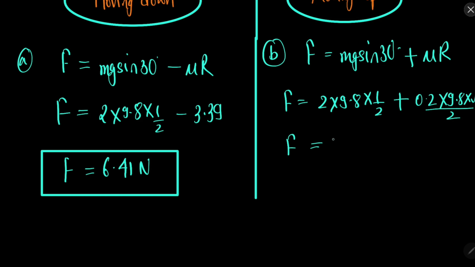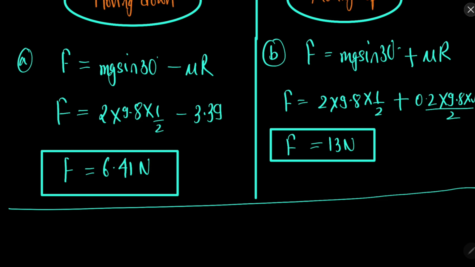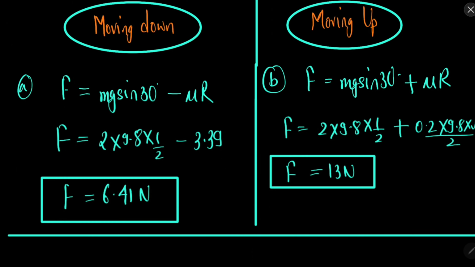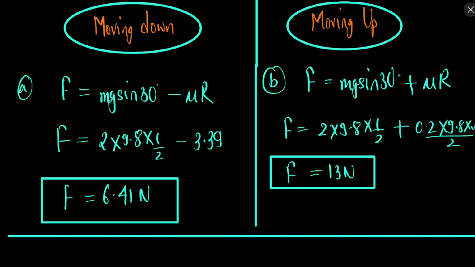So this will give us 13 newtons. So this is the minimum force required to move the body upward. So when the body needs to move down, it does not have to have any external force, but when it wants to move up, it must have at least 13 Newton force.